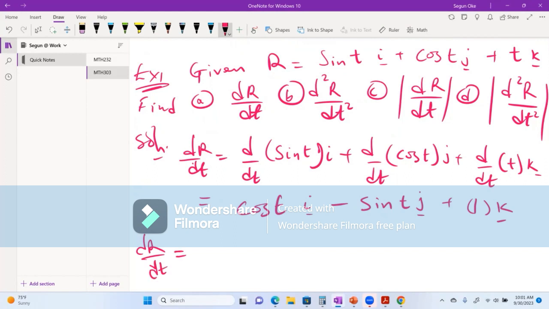Okay. So we can boldly say that our dr dt is equals to cos ti minus sine tj plus k. Are we together? Because 1 multiplied by k is tk, right?